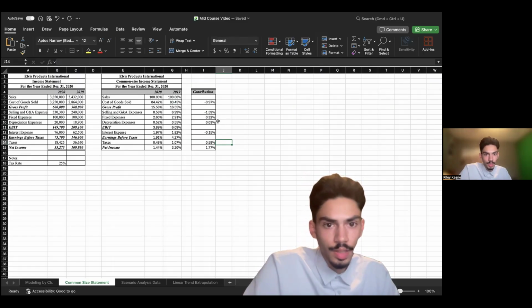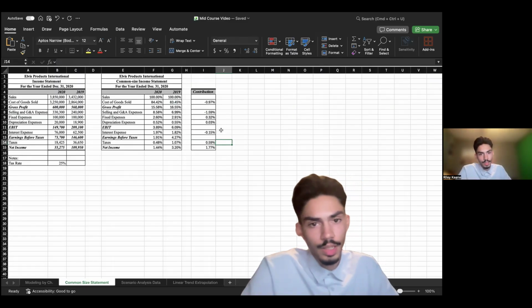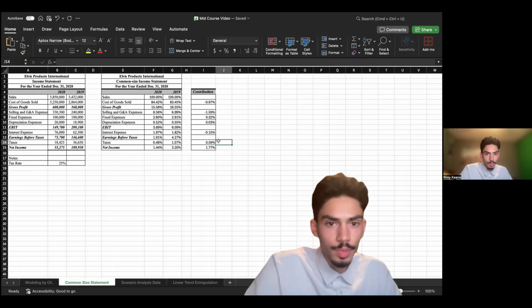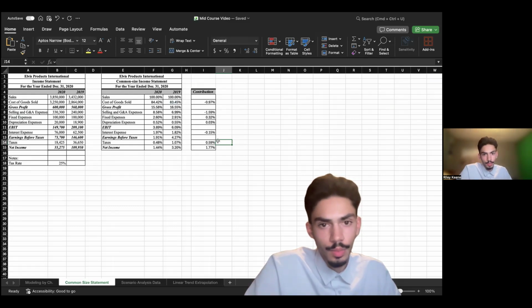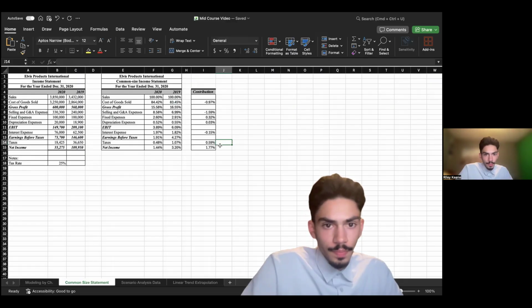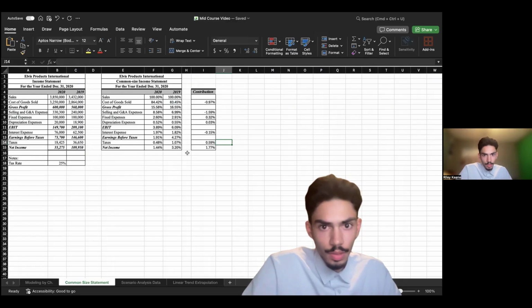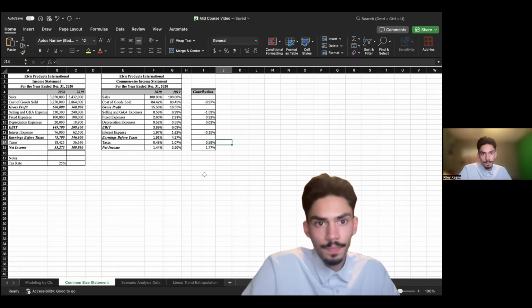Depreciation expenses have gone down 0.03%. Interest expenses have gone up by 0.15%. Taxes have gone down by a little more than 0.5%. And net income has also gone down, but closer to 2% at 1.77.